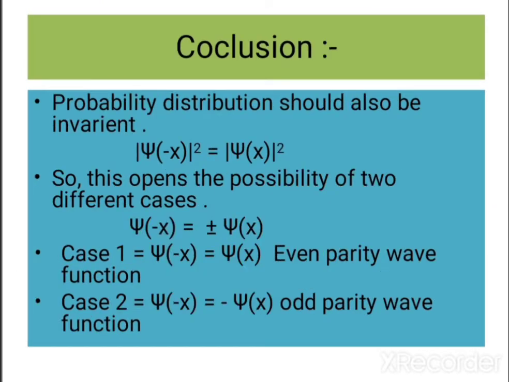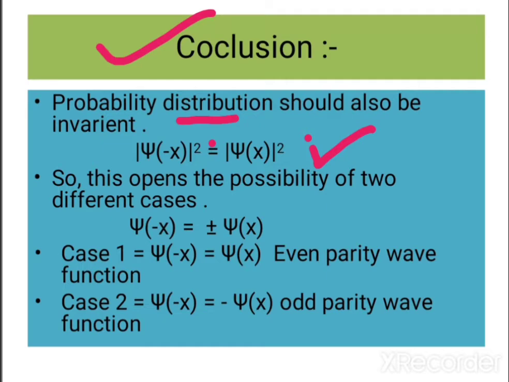So if the physical quantities are invariant, then the conclusion is that the probability distribution should also be invariant. So |psi(-x)|^2 is equal to |psi(x)|^2. This opens the possibility of two different cases if you remove the square terms on both sides.